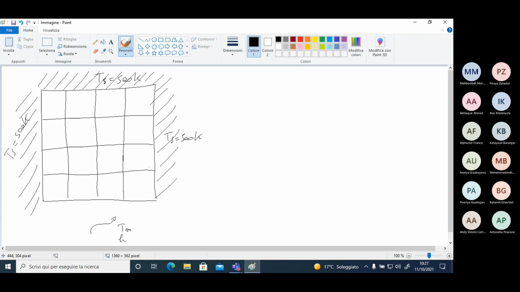Okay, I name the different nodes. 1, 2, this is again 1, because I recognize an axis of symmetry. I have an axis of symmetry here.